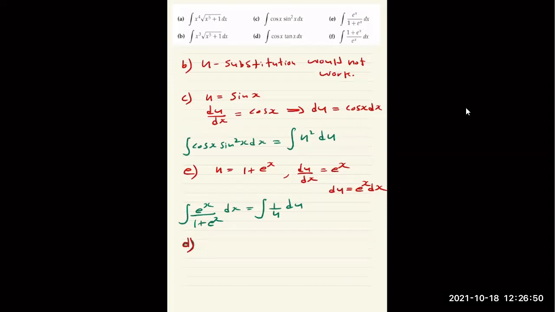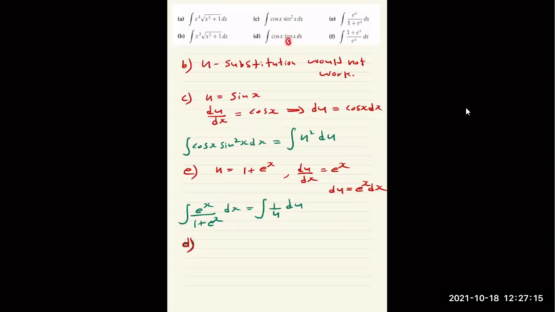Again, clearly in part D, if you take this to be u, the derivative of that is not equal to the remaining function. And on the other hand, the derivative of this also is not equal to tan x. So the u substitution is not going to work here. But using some algebra, you can easily integrate this one, because tan x is sin x divided by cosine x.